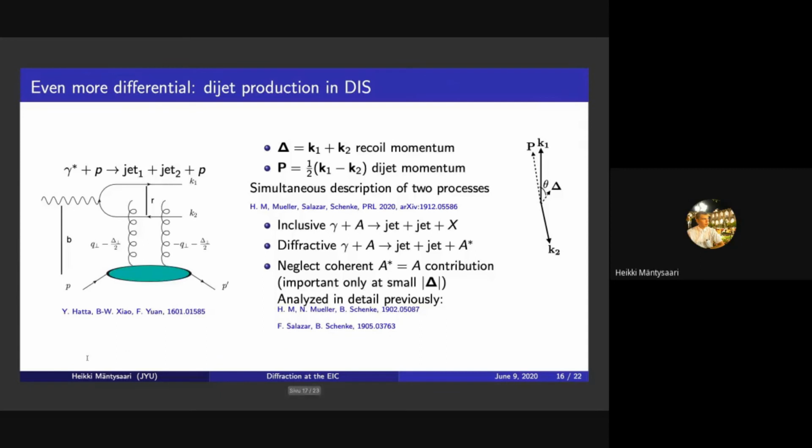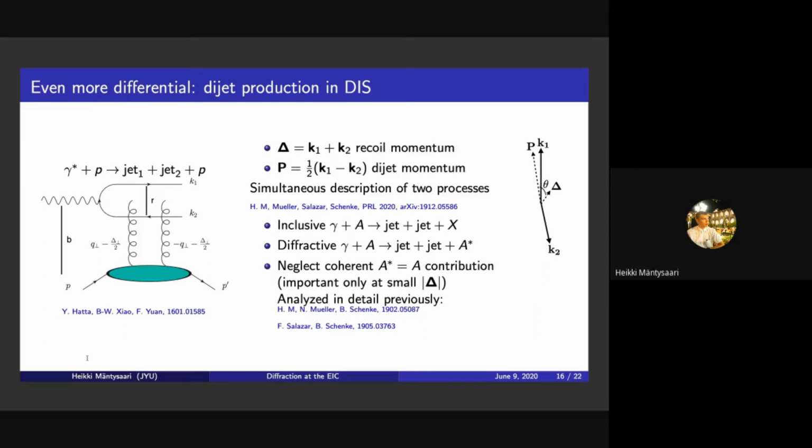Okay, for the last 10 minutes, I want to flash something we did by continuing this trend of going more differential. I started by discussing just the exclusive vector meson production as a function of momentum transfer.